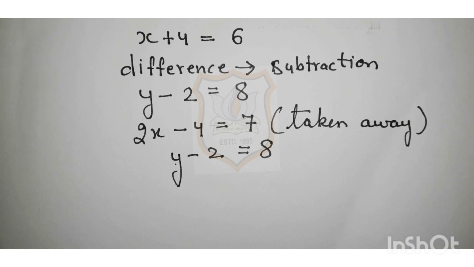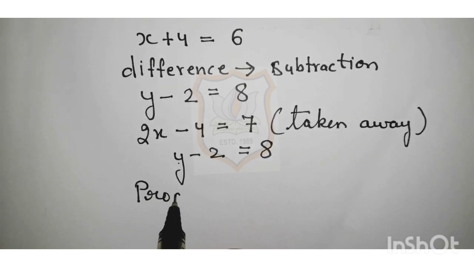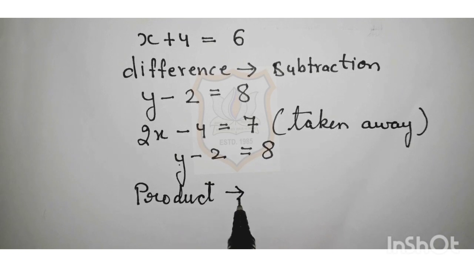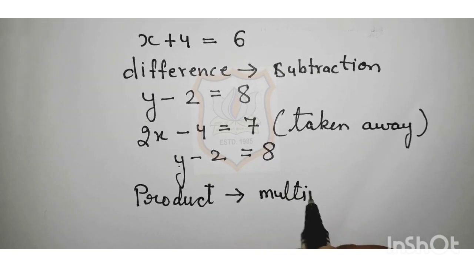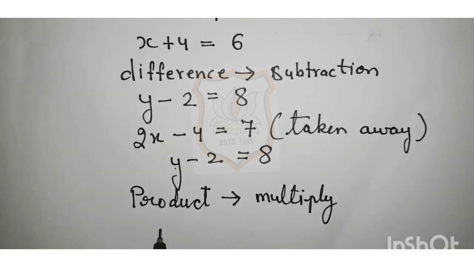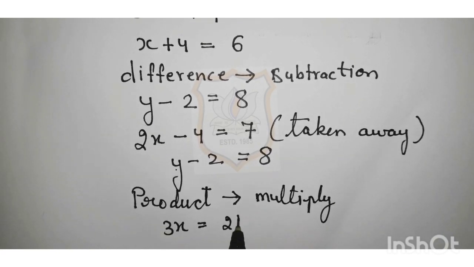Students, next is product, which means multiply. If it is given that the product of 3 and x is 21, that means 3x is equal to 21.